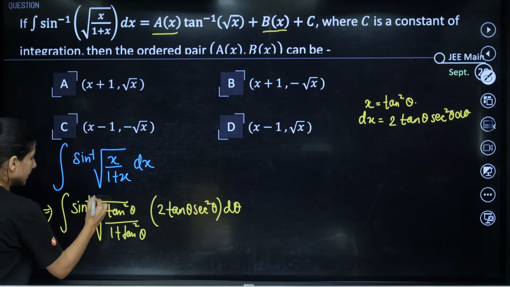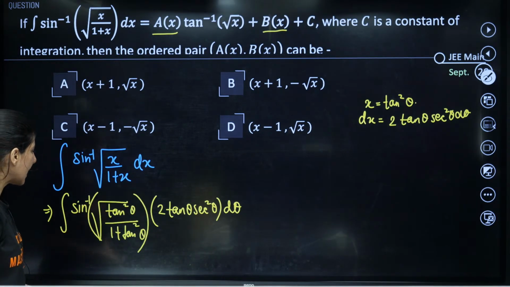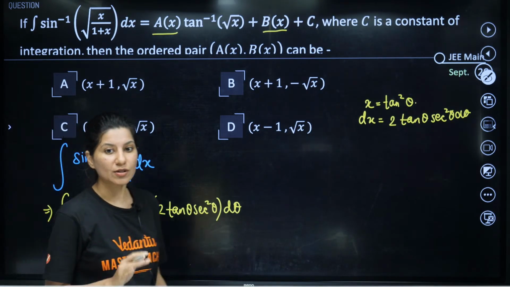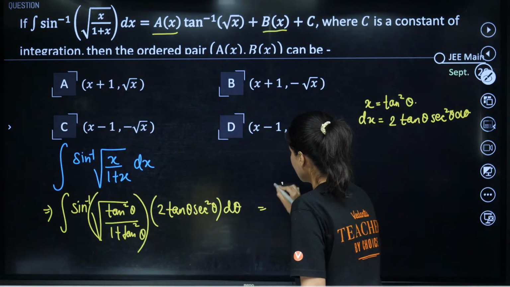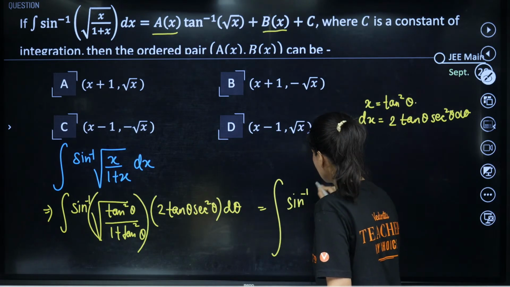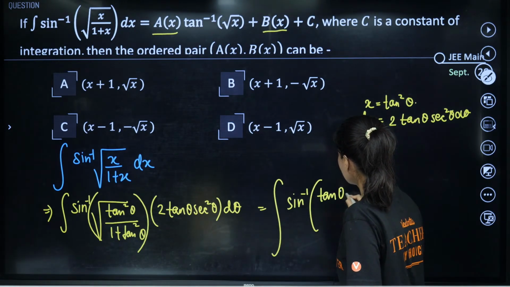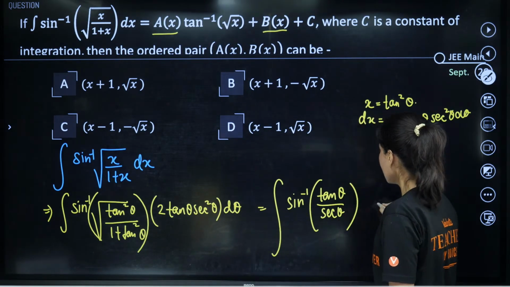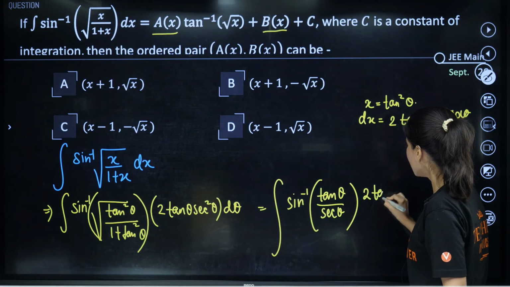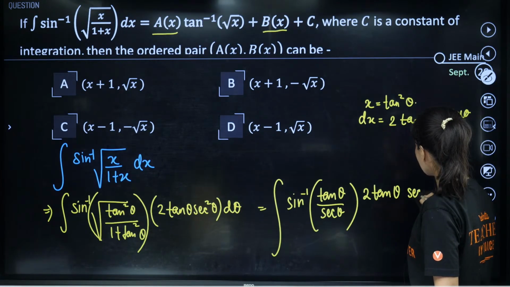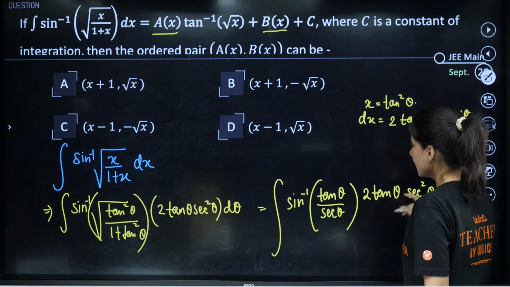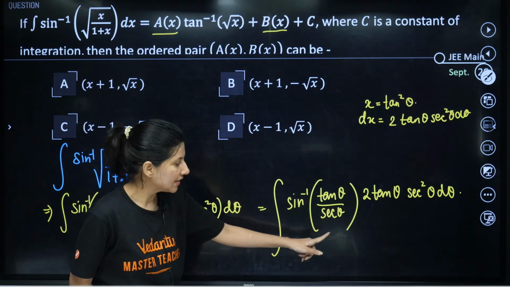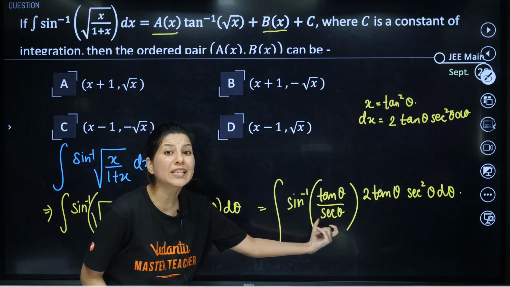Now this is tan theta upon sec theta, so sine inverse of tan upon sec. Tan is sine by cos, sec is 1 by cos, so this is only sine theta.